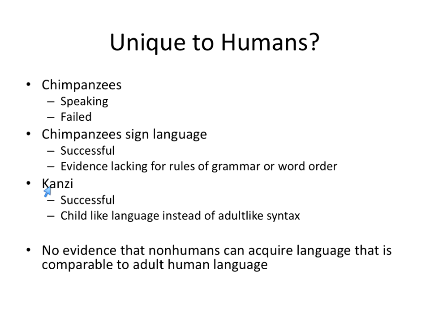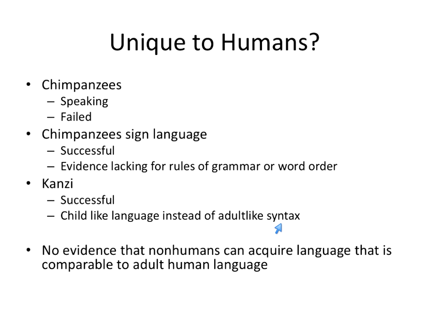This is Kanzi. I don't know if it's an orangutan or a chimpanzee. So it's a primate, not a human. They were successful at teaching sign language here and successful with teaching some syntax. So more sentences or phrases, but it was more childlike. They never reached the adult-like syntax.